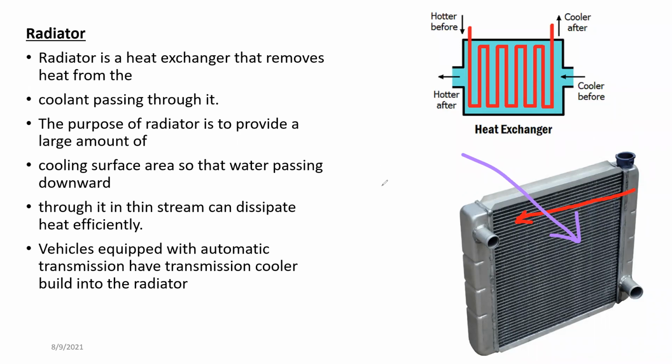There are different types of radiators, classified based on the radiator arrangement. Even though it seems like only one row of flow, there could be more than one row. One particular row is known as a core.